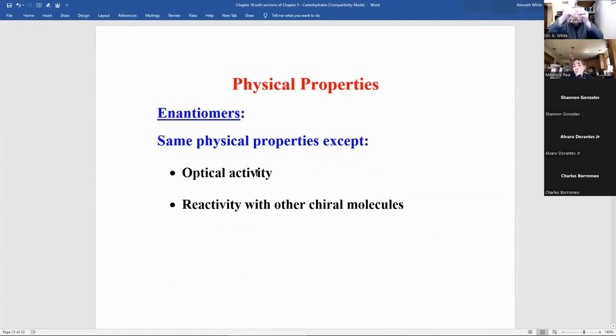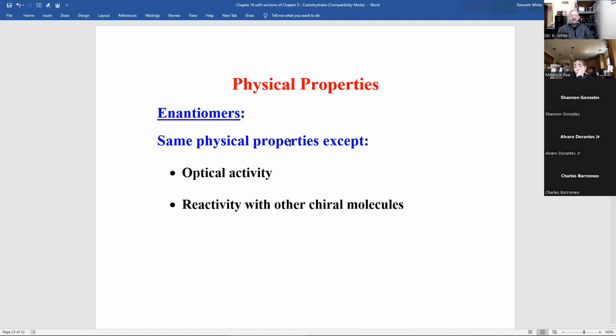Now, let's talk about, and the switch is still off, but this is stuff you might want to know for other classes that you might be taking or will take. And that's when we talk about physical properties of carbohydrates, or especially enantiomers. Enantiomers are non-superposable mirror images, like your hands. They are identical in all their physical properties, color, melting point, and things like that, except for sometimes key physical properties.